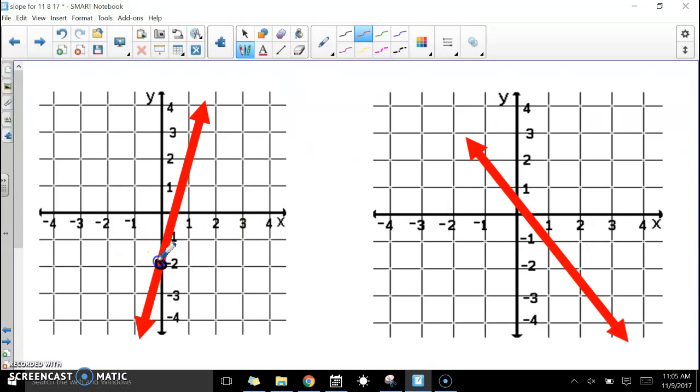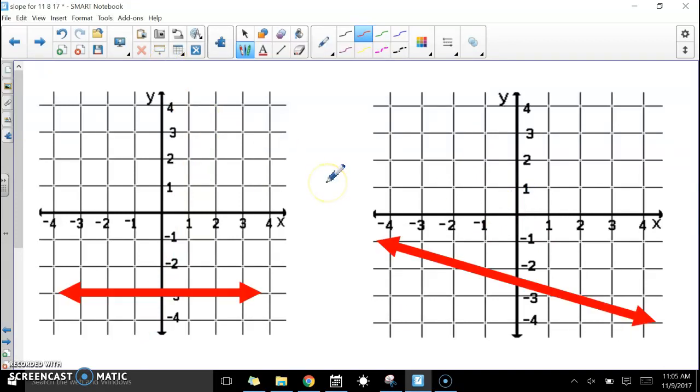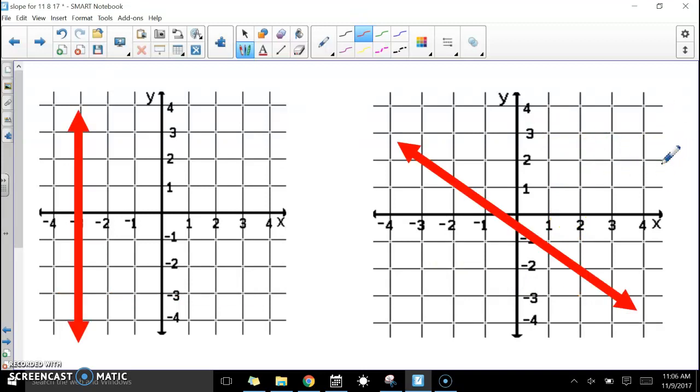If we said that my y-intercept could be negative 2 for this one, and my y-intercept could be 1/2 for this one. Okay, those aren't crossing through. My y-intercept for here is negative 2.5. My y-intercept for here is negative 1/2.